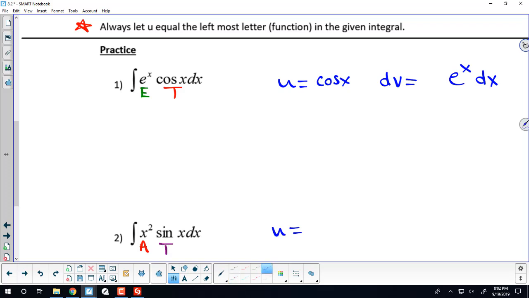So our u should be x squared, dv is sine x dx. Another way to think about that, if you want to think about it, is sort of in reverse. dv should be the largest part of the integrand that you know how to integrate. That's the other way to think about it.